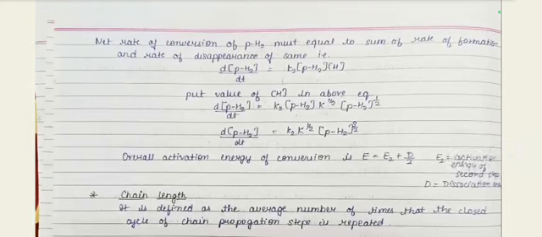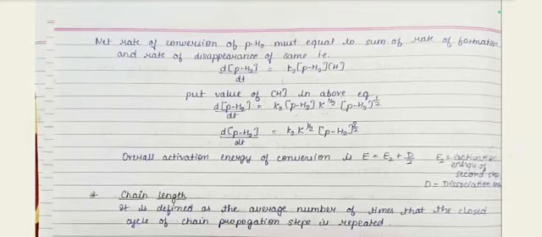Put the value of [H] in the above equation: d[pH2]/dt = k2[pH2] K^(1/2) [pH2]^(1/2), so d[pH2]/dt = k2 K^(1/2) [pH2]^(3/2).